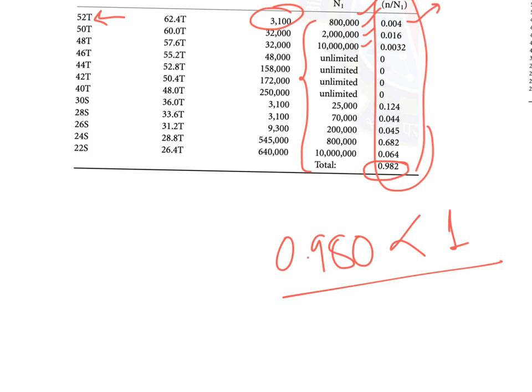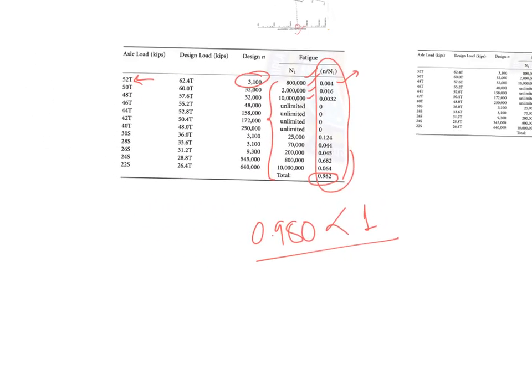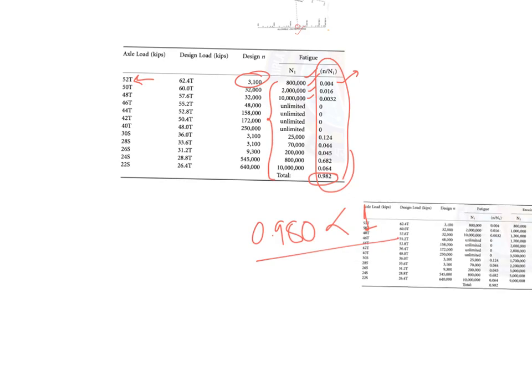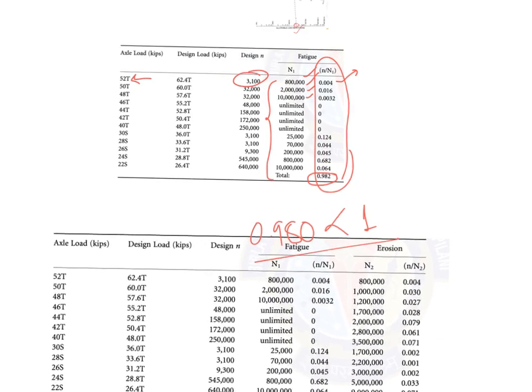Similarly, you have to design for erosion and check whether this slab is safe for erosion or not. The solution for this problem is already given in the slide, or you may refer to this table for the solution.